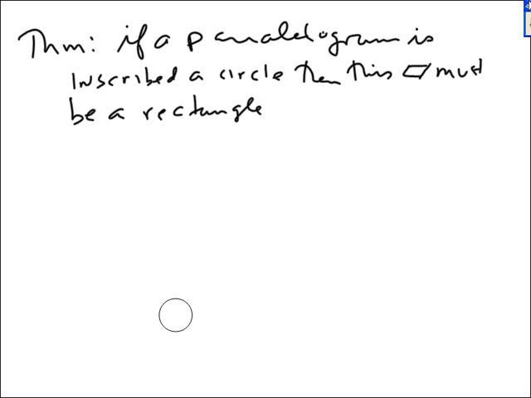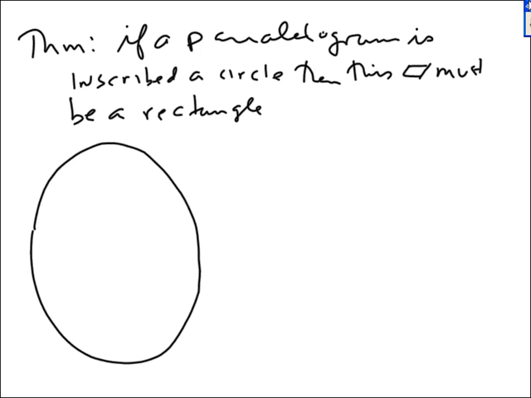Okay, so now we have this big circle, and we have this line and this line parallel, and this line and that line parallel.